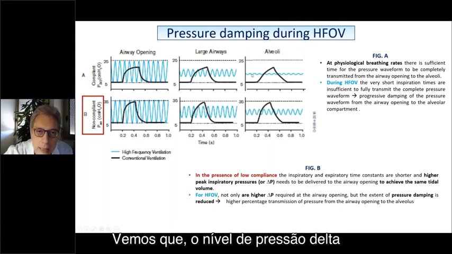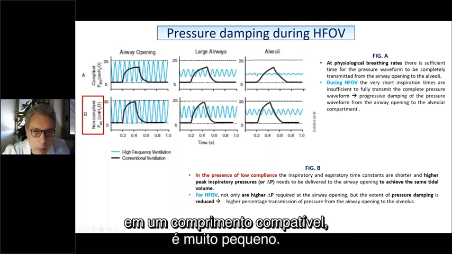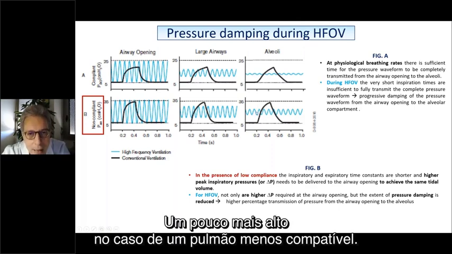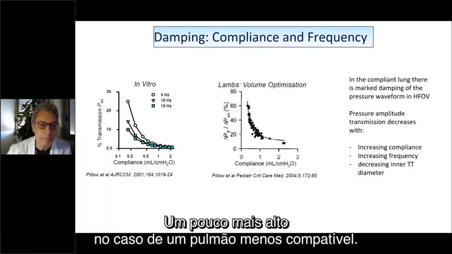You see that the level of peak delta pressure in a compliant lung is very, very small, a little higher in case of a less compliant lung.